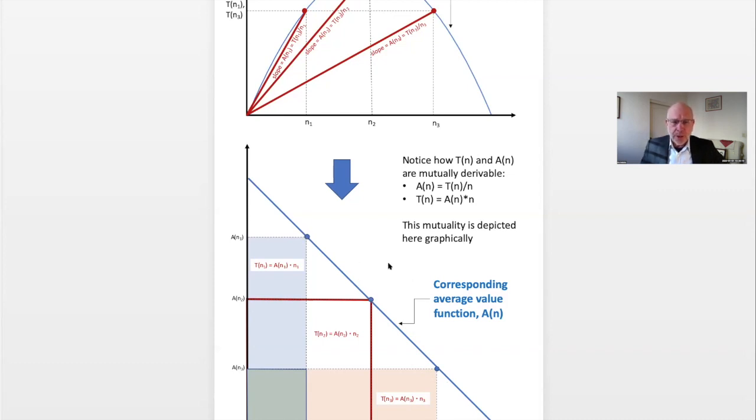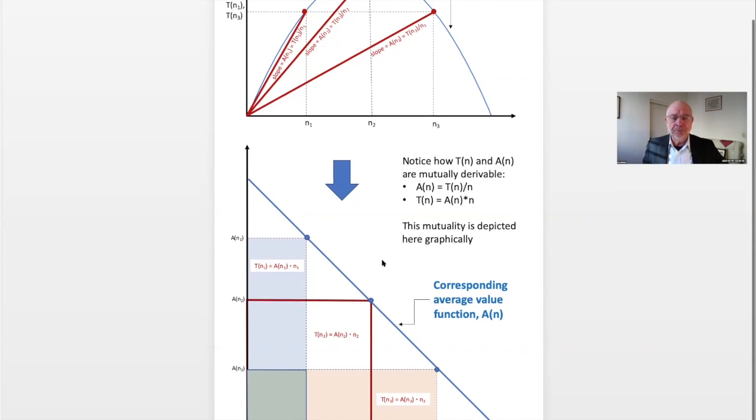Now, that's the way we derive an average value from a total, and this is a very nice graphical representation of that. It's also possible to go in the reverse direction, and we know that as well. If we just take that formula for an average and turn it around a bit, we find that if you have the average and you multiply it by n, that's a way of recovering the total.